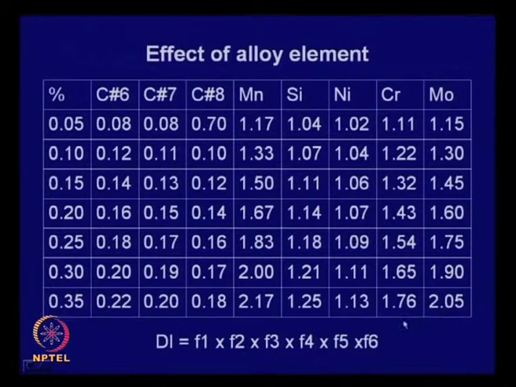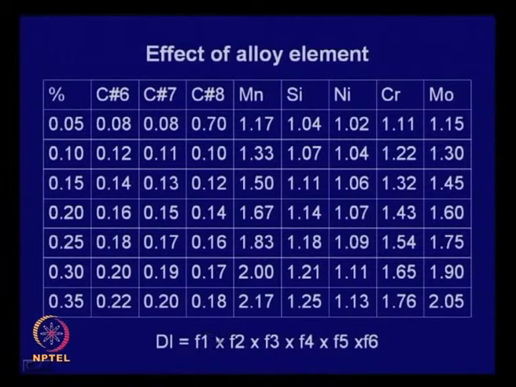Similarly, you will have factors for all the common alloy elements, and these are available in the form of tables. If you want to find the hardenability in terms of ideal critical diameter, the information you have to provide is the austenite grain size, carbon content, and other alloy additions. Then you can look up the table.